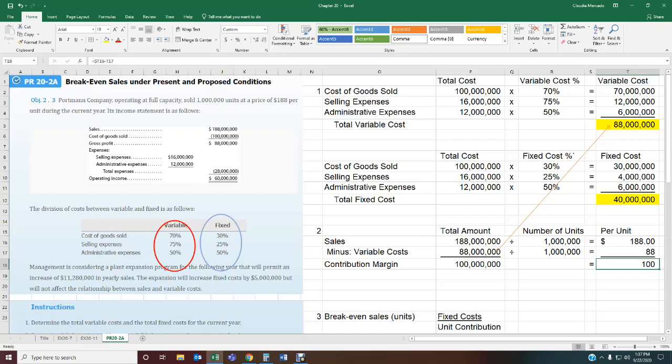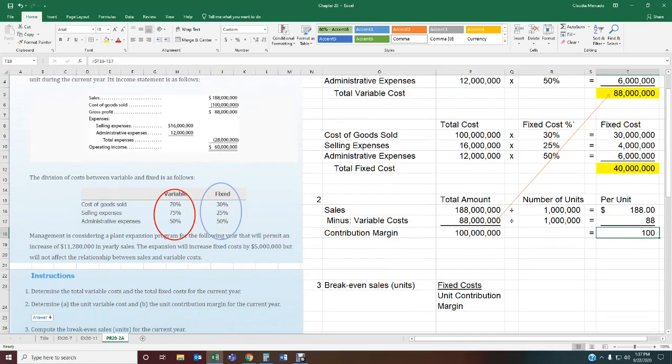So number 2, determine the unit variable cost and the unit contribution margin for the current year. The unit variable cost per unit is 88. The contribution margin for the current year is $100.